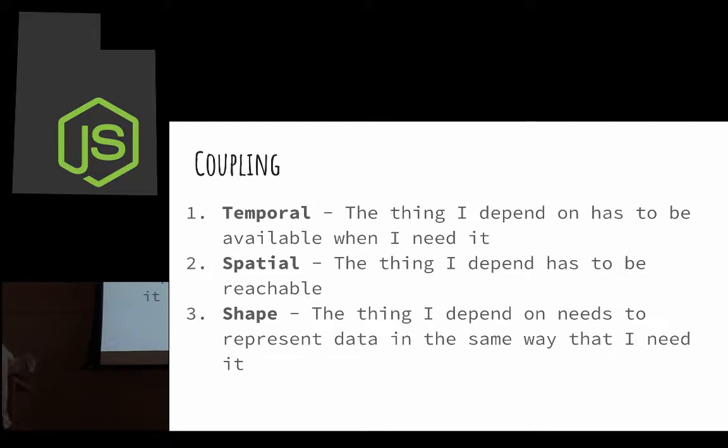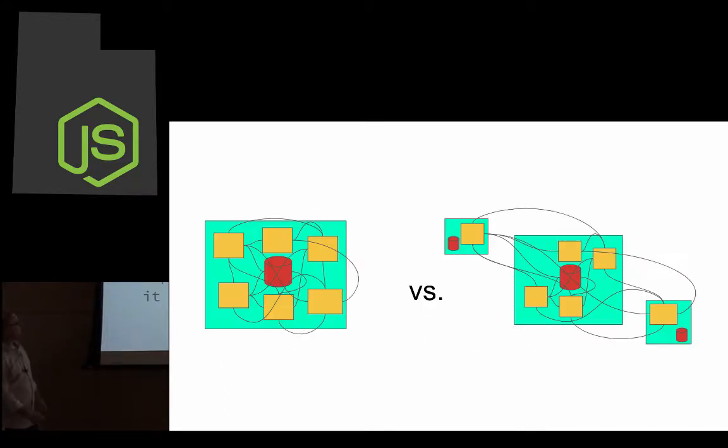And that is the essence of what makes something a monolith. It's not running in the same process. It's not being a large code base. It's not running on a single server. It's how coupled you are. So these are often presented as different things.